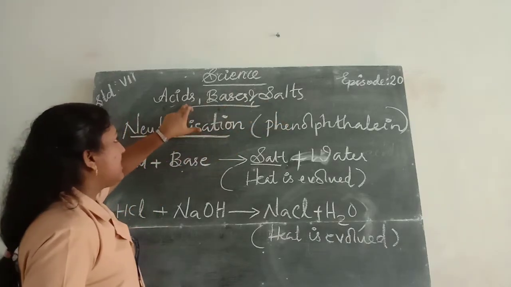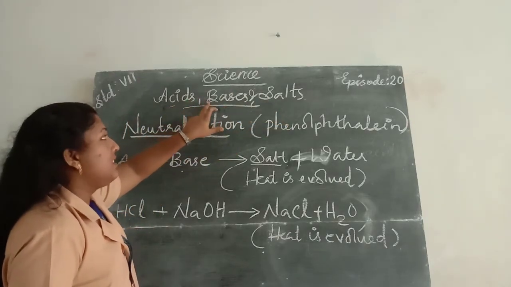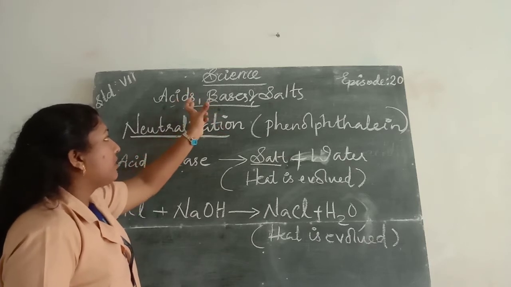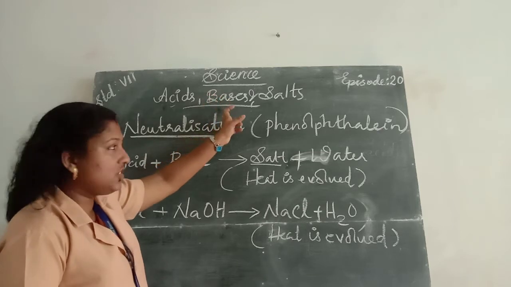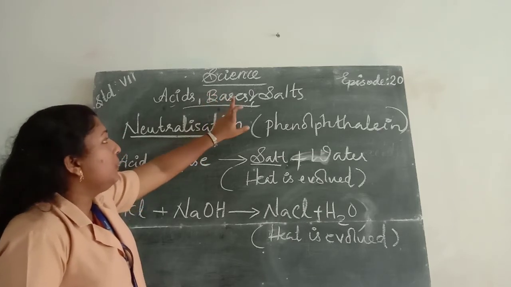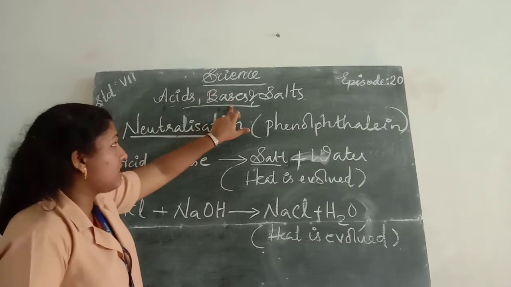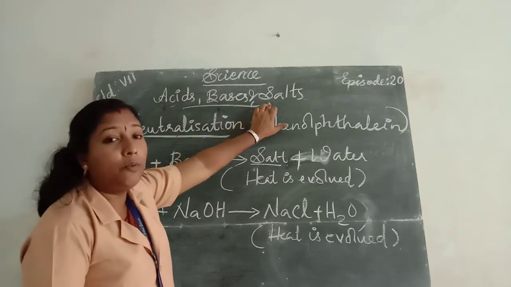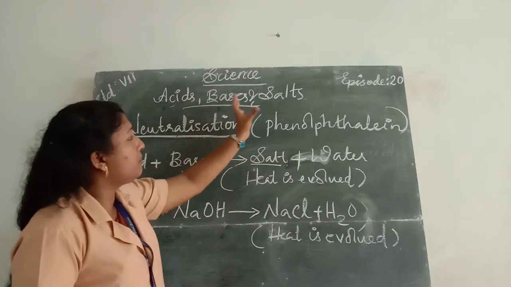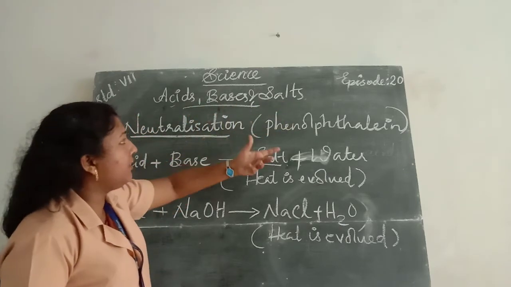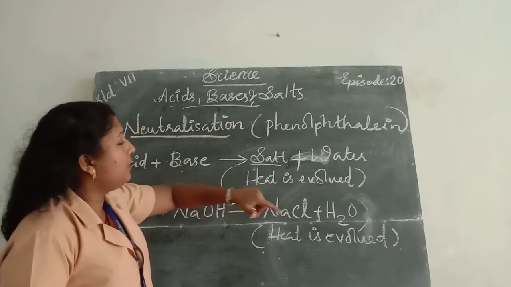What is neutralization? Acid plus base. The reaction between acid and base is known as neutralization. In a neutralization reaction, a new substance is formed, that is salt. With the salt, another product is formed, that is water.